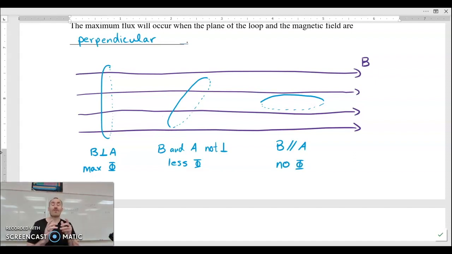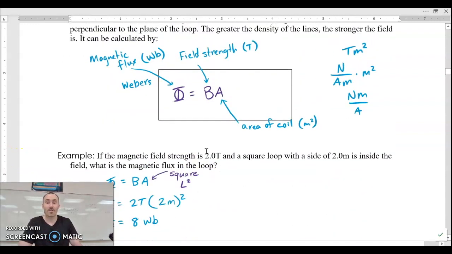Okay, so the formula that we used before, this one over here, flux is equal to the field times the area. That's true, but that's only true when B is perpendicular to A. Okay, that's important.